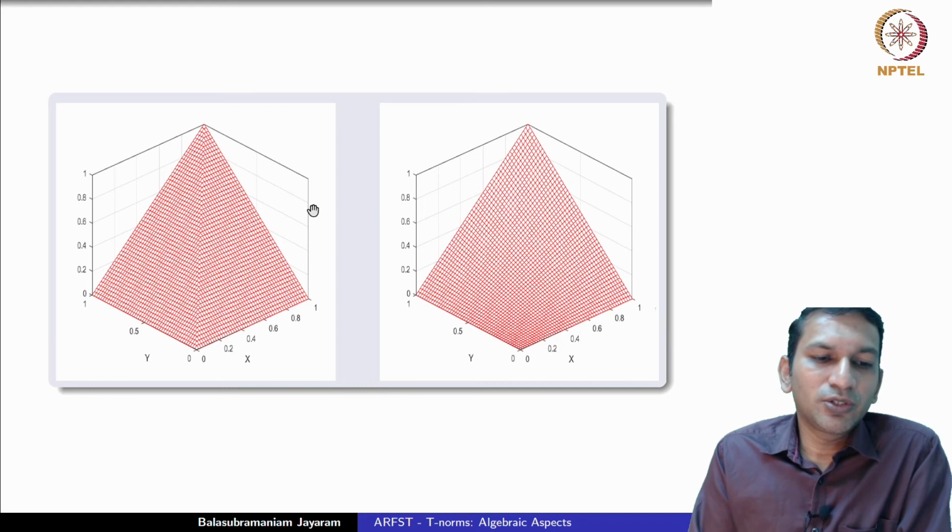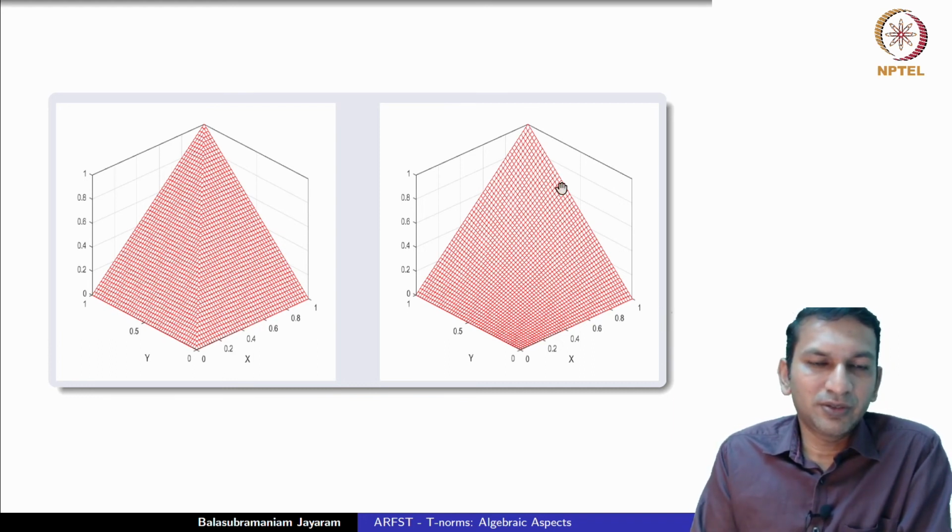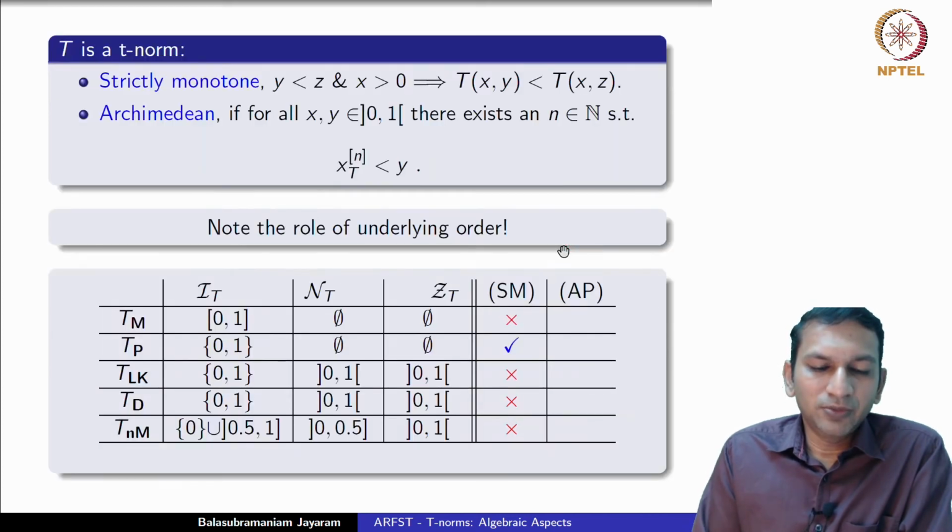So this is also not strictly monotone. However, we know product: we take two elements which are distinct or same, we always get some value different from both the operands, unless one of them is 0 or x is equal to 1. So among the 5 T-norms, we see that only the product T-norm is strictly monotone.